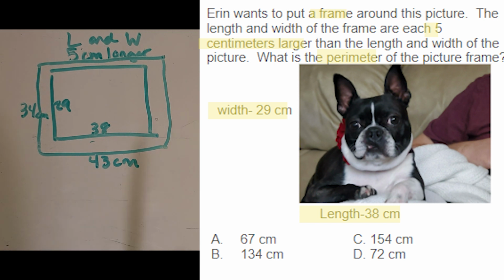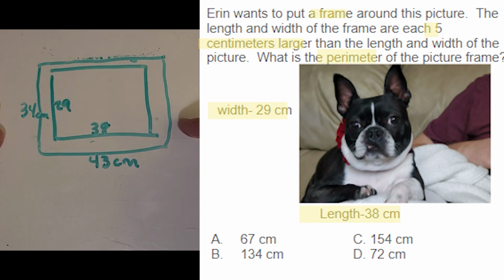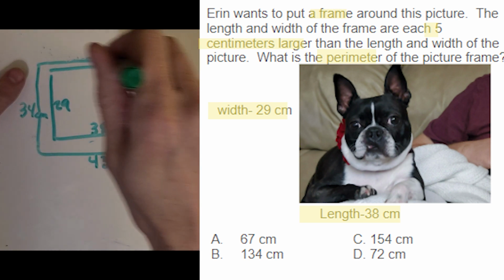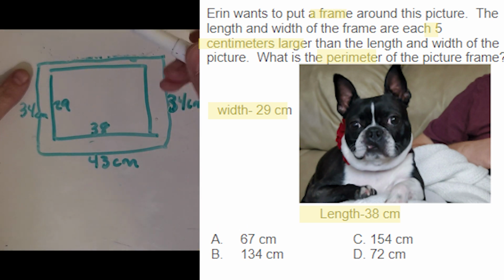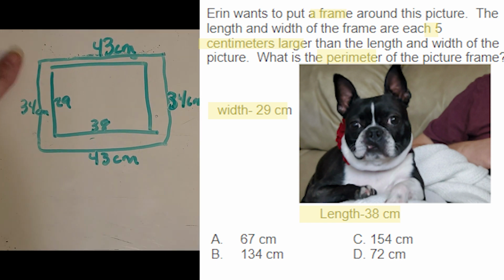Now, some of the sides are not labeled right now. So what do you think? What is this side of the frame? Okay, you got it. The opposite is the same or congruent. So this is 34 centimeters. What about this side of the frame? How long is that one? Okay, 43 centimeters. Great job.